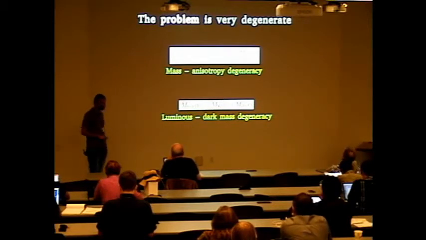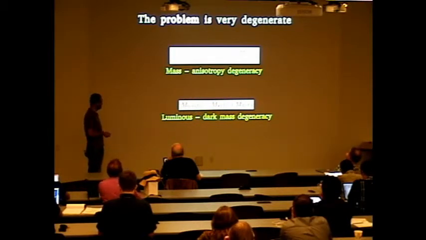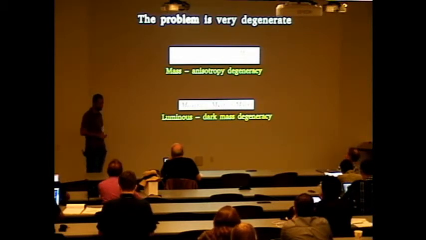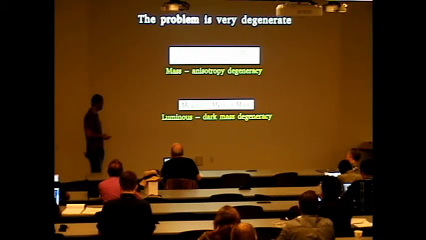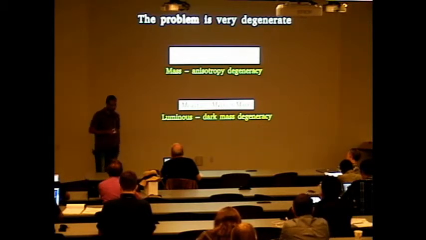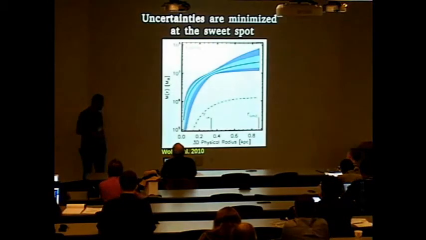So this means that it doesn't matter really what the galaxy is doing here, or what the uncertainties are. What really matters is that there is one particular radius that people usually call a sweet spot, or pinch radius, where uncertainties are minimized. So what you can do, you can use the fact that within one galaxy we have multiple populations in equilibrium, like, as I told you, the red globular clusters, the blue globular clusters, and the stars, of course, and we can try to model them separately, and then combine the pinch radii from all these tracers in order to constrain the dark matter mass.